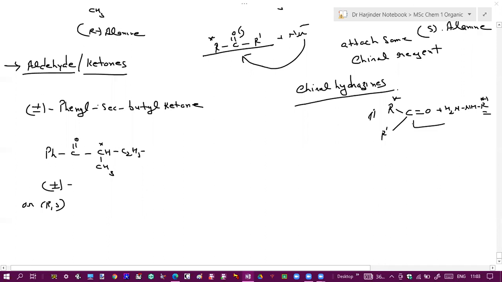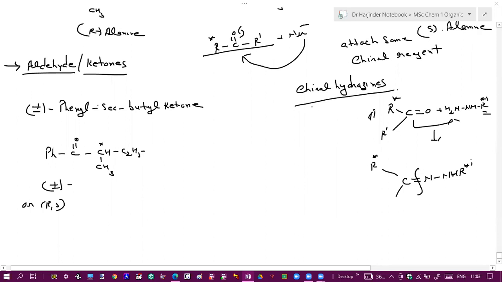What reaction will take place between hydrazine and this carbonyl group? It will result in the formation of hydrazones. And these hydrazones will be diastereomeric. You can separate them, and then we can easily break this carbon-nitrogen bond by hydrolysis. So this will be used in the case of aldehydes and ketones.